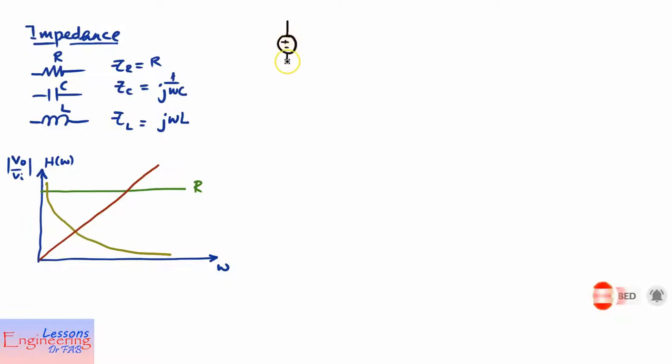Let's look at the following circuit. We have a resistor R and an inductor L. Our intention is to find out what the output voltage across the inductor is, that's V out, for an input voltage Vi.